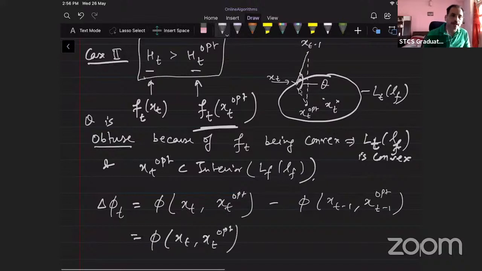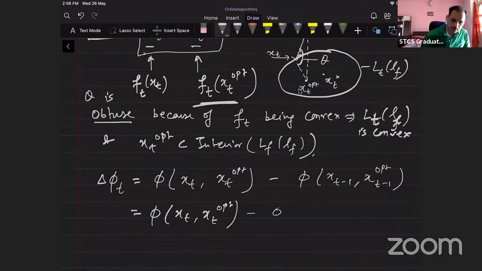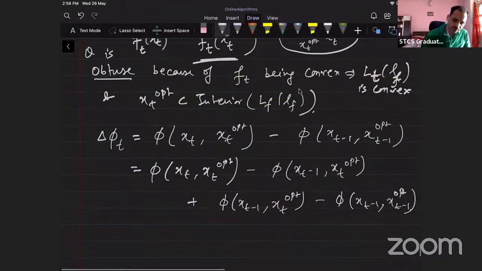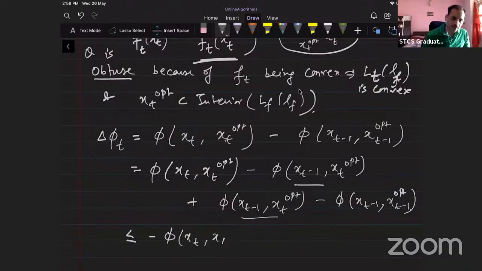So I'm going to add and subtract a quantity, which is phi of XT minus 1, comma XTOPT, plus phi of XT minus 1, comma XTOPT, minus the original term, XT minus 1, comma XT minus 1. So this and this are identical. And now I claim that this is at most phi of XT, comma XT minus 1.